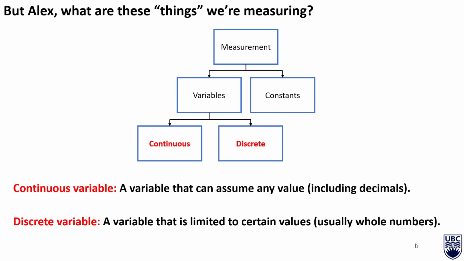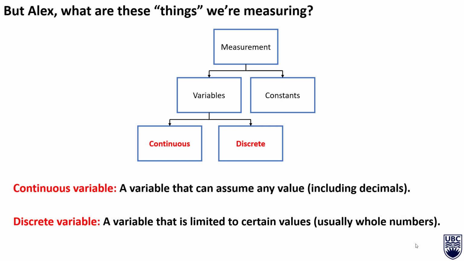On the other hand, a discrete variable is a variable that is limited to certain values. Usually they're whole numbers, but they don't have to be, right? An example of this, and I feel like we've all seen this before, is the rating of perceived exertion scale. If you think back to first year and you learned about the Borg scale ranging from 6 to 20, those are discrete variables, right?